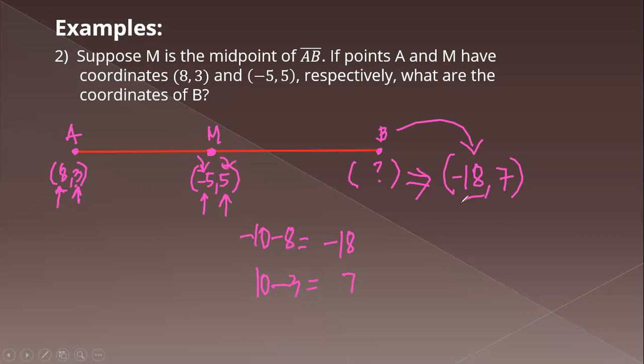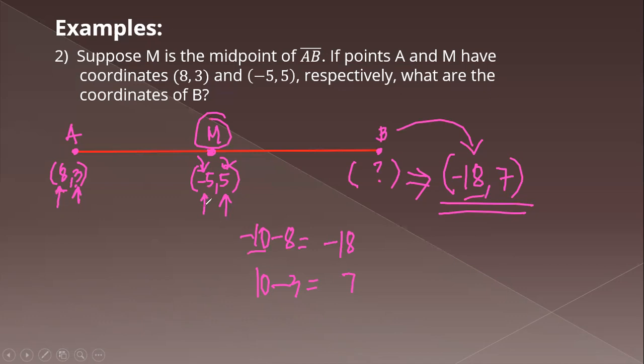So to get the coordinates when the midpoint is given, you have to double the coordinates of the midpoint and then subtract the coordinates of the other given point. Just like what I did, we have the midpoint M, and we double its coordinates. Negative 5 times 2 is negative 10.